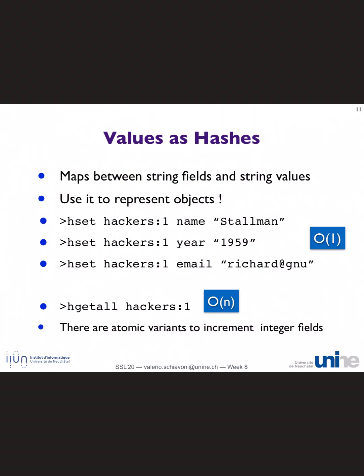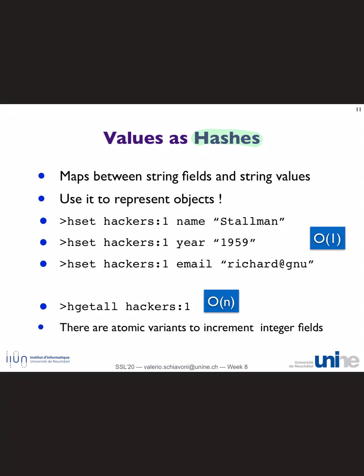The last possible complex data structure that you can use as a value in a key value store with Redis is hashes. A hash is basically a map between string fields and string values. So now everything is a string, if you want.